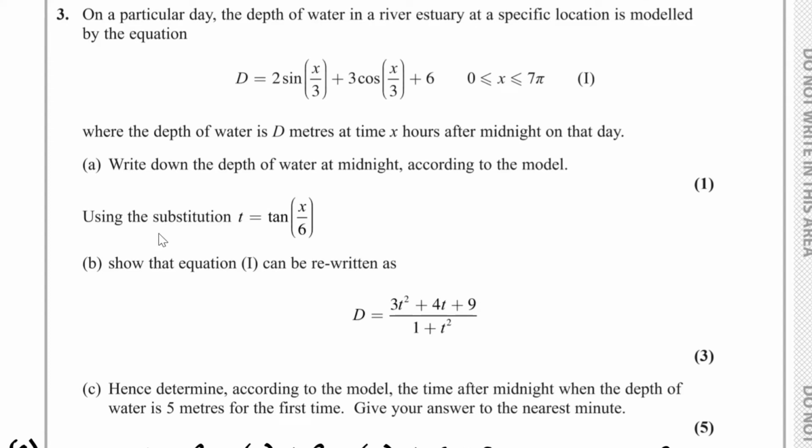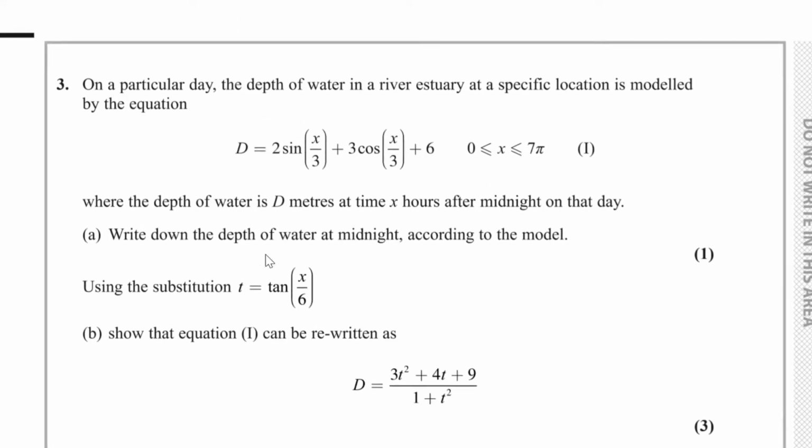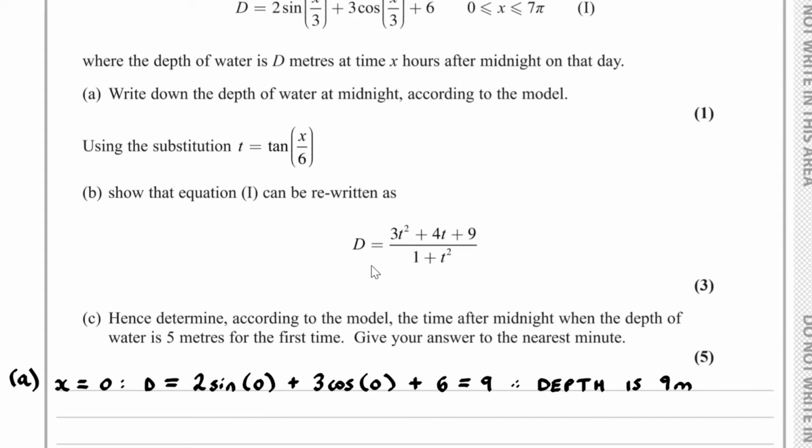For part B, using the substitution t equals tan of x upon 6, we have to show that the equation shown here can be rewritten as d equals 3t squared plus 4t plus 9 over 1 plus t squared.